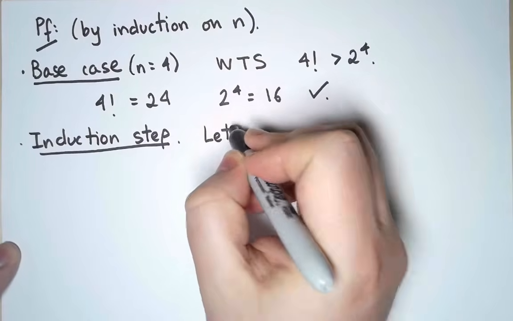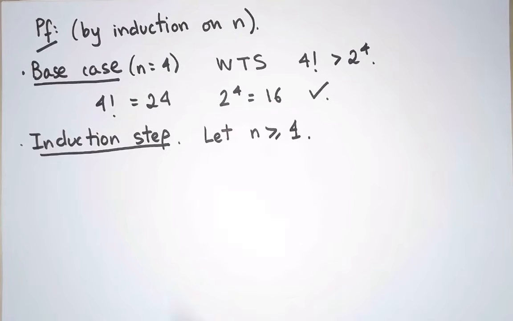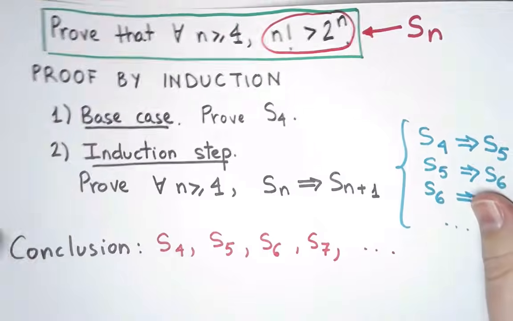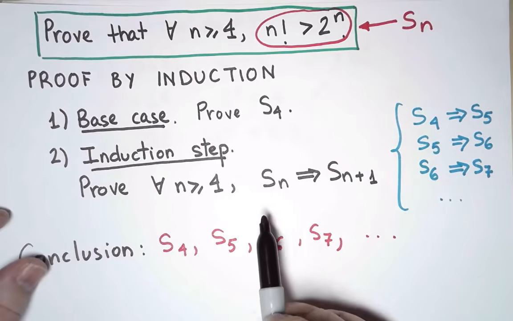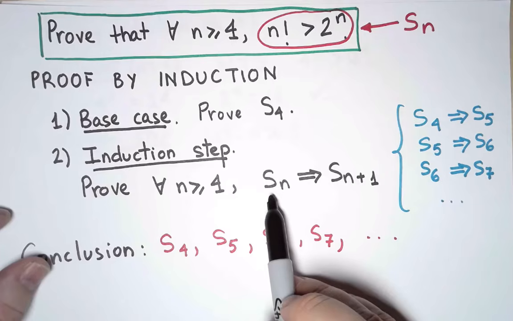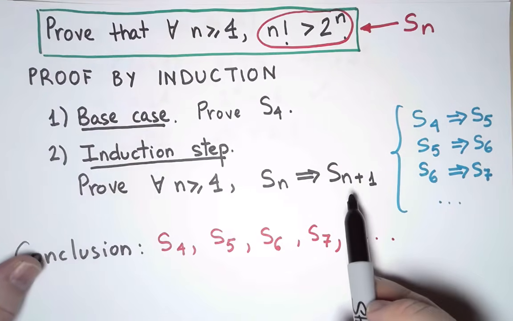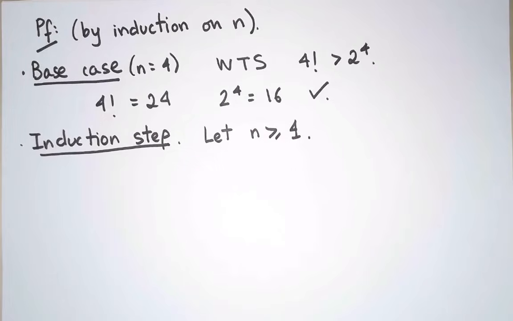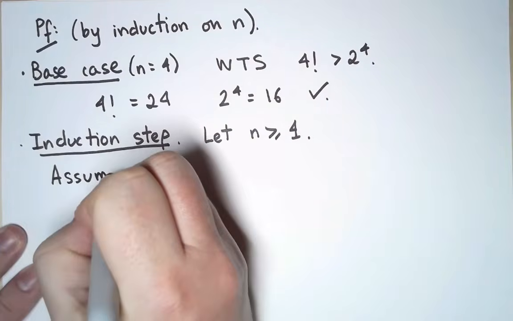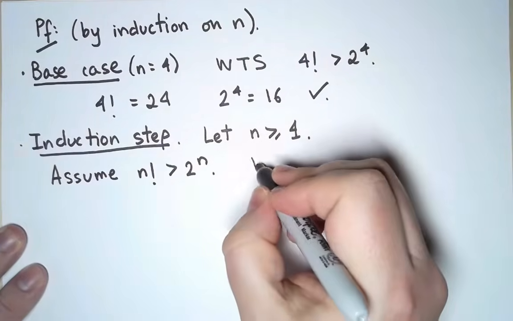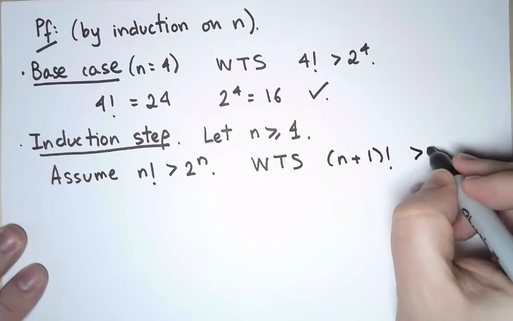So I write let n be greater or equal than 4, which means I am fixing an arbitrary value of n greater or equal than 4. And then I need to prove an implication. I need to assume the inequality with n, and I need to prove the same inequality when I put n plus 1 instead of n. I assume that n factorial is greater than 2 to the n, and I want to show that n plus 1 factorial is greater than 2 to the n plus 1.